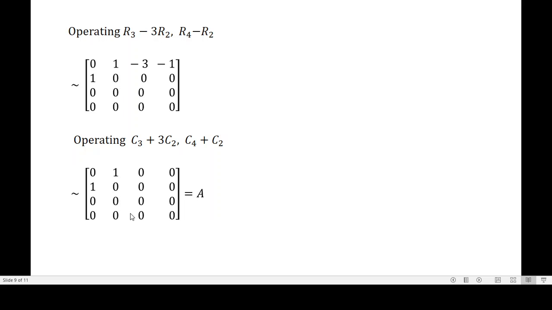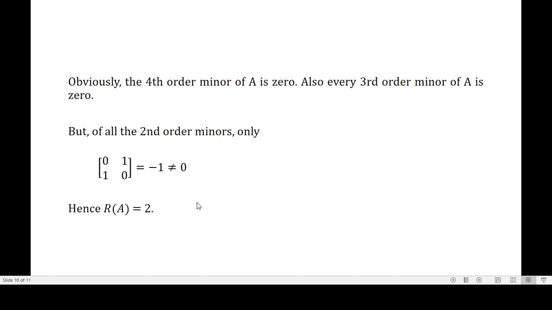Since minor of order 4 is 0, rank of the matrix is not equal to 4. Minor of order 3 is equal to 0, rank of the matrix is not equal to 3. Since there is only one non-zero minor of order 2, that is 0, 1, 1, 0, whose value is equal to minus 1, which is not equal to 0, the rank of the matrix is equal to 2.